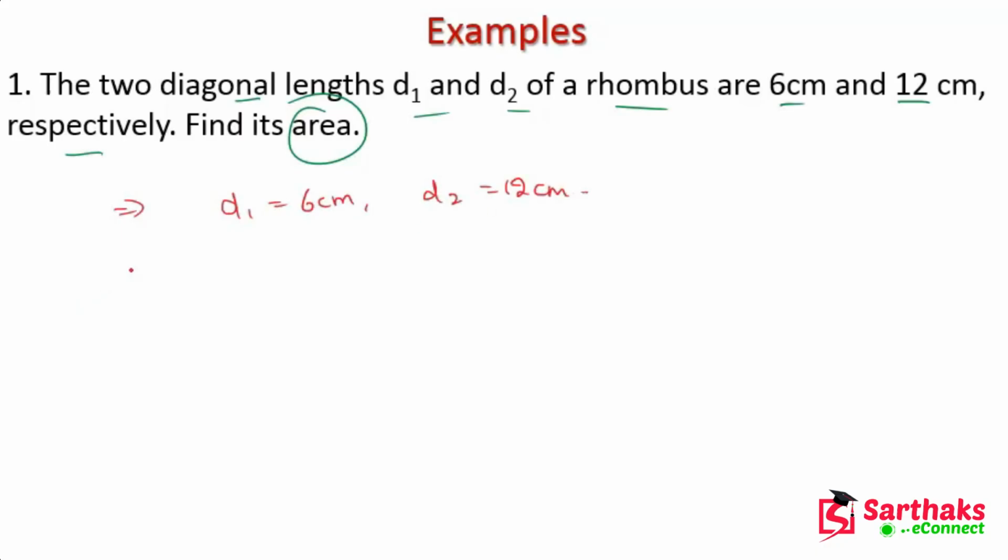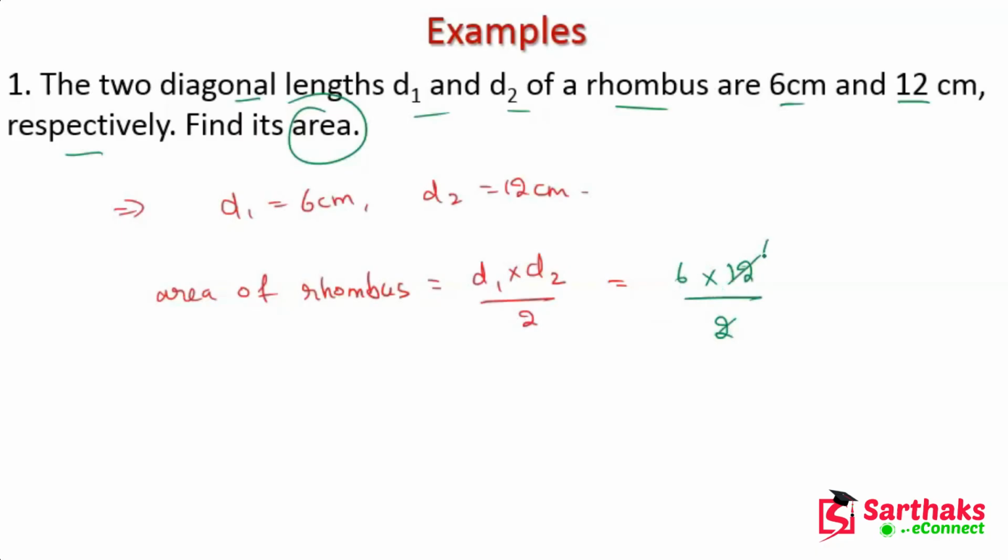Area of rhombus is d1 into d2 divided by 2. So 6 into 12 divided by 2. 12 divided by 2 is 6, so we get 6 into 6, which is equal to 36 centimeter square.